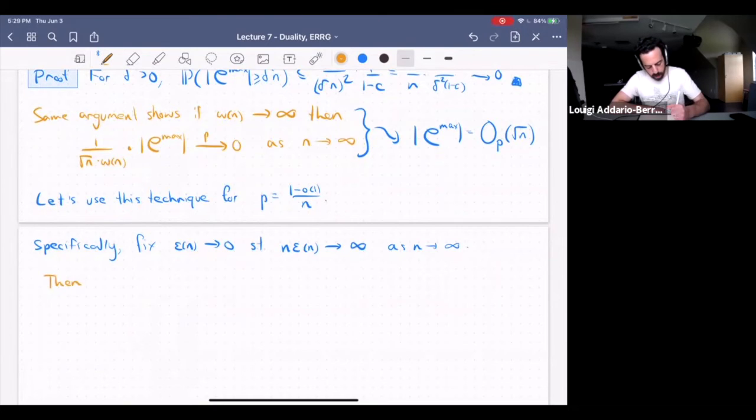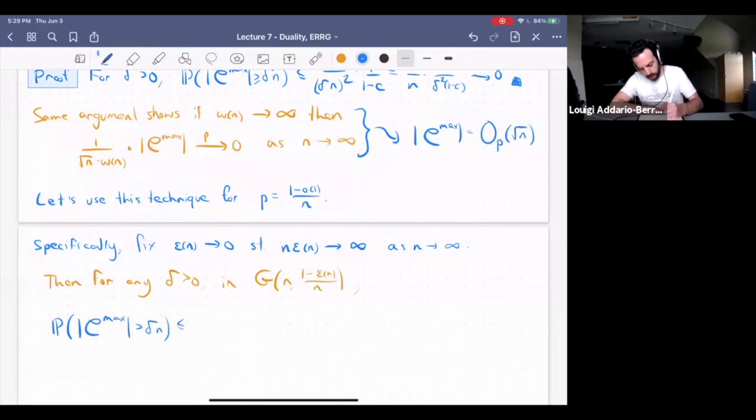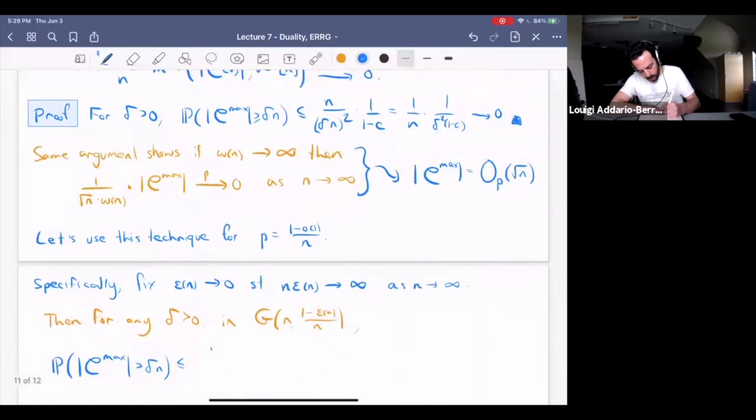So if I fix any positive delta, then in G(n, (1 minus epsilon_n) over n), what bound do I get from this argument for the probability that C max has size bigger than delta n? Well, I still get this n over (delta n) squared.